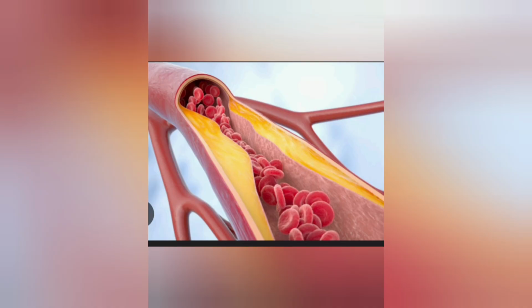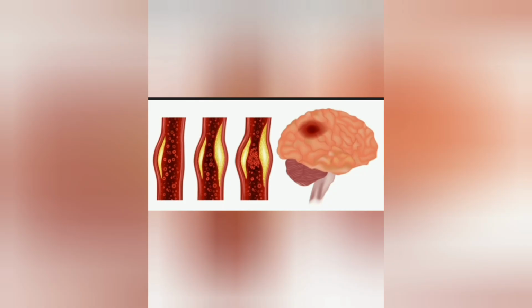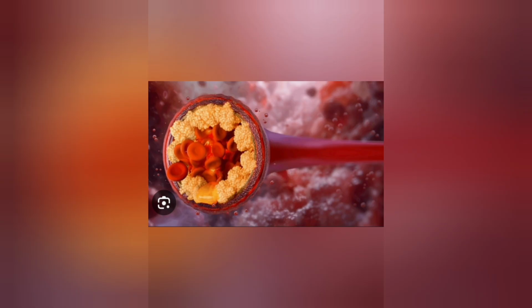Aging enhances matrix breakdown. Enzymes called matrix metalloproteinases, MMPs, increase with age, breaking down the collagen and elastin that keep arteries flexible and plaques stable. Aging also ensures telomere attrition. With each cell division, the protective tips of chromosomes, telomeres, shorten.